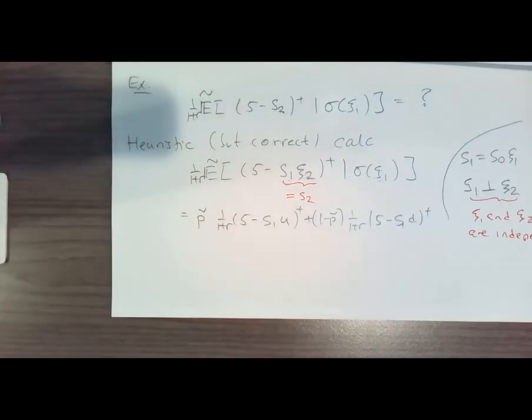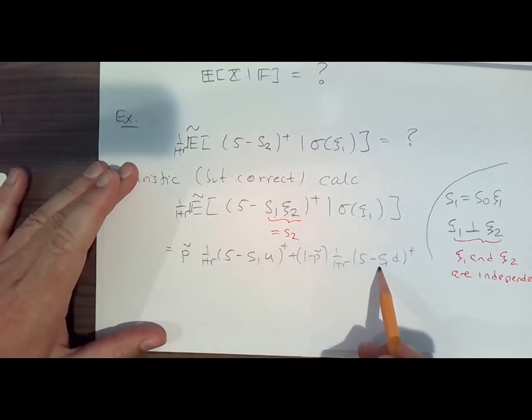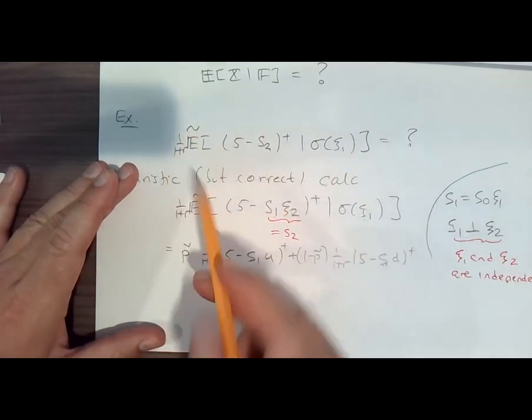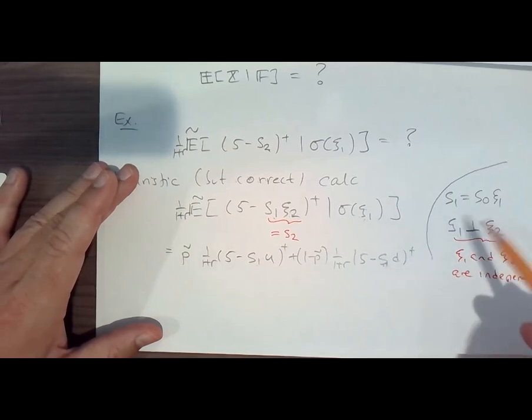So you can see now what this conditional expectation is. This is a function of S1. This random quantity up here is a function of S1. But S1 is, of course, nothing else than a function of psi1.